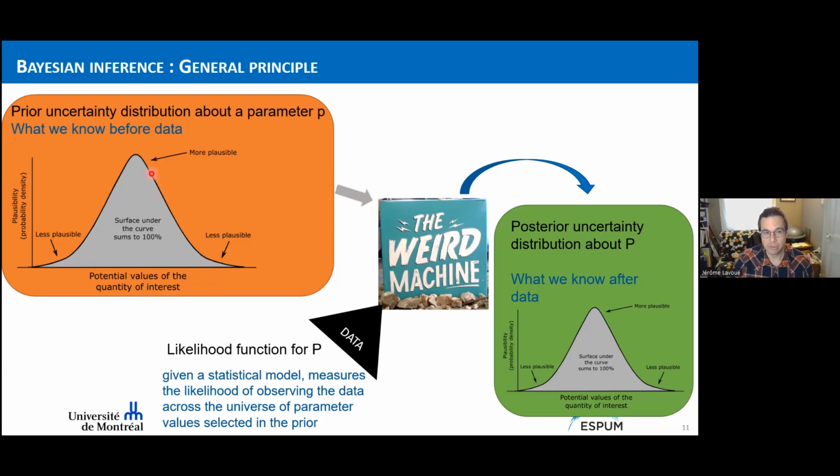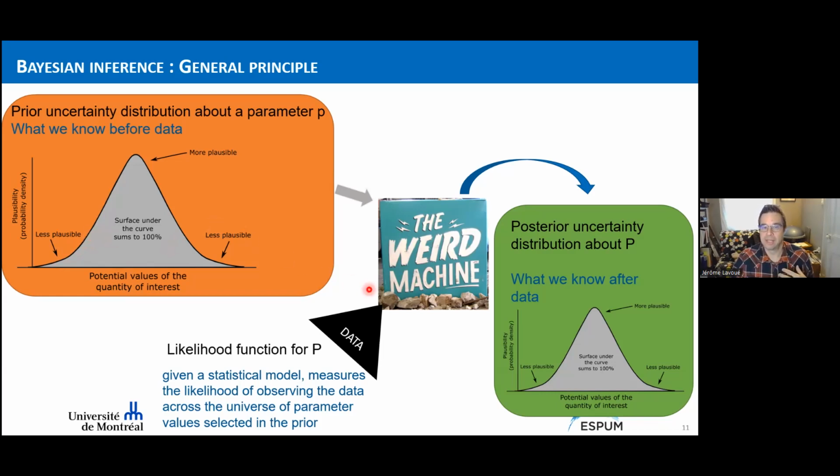All right, so you can see that we're going to have similar information in the shape for the prior. We have something that scans the range of potential values and gives them a likelihood, but according to my own prior opinion. And you're going to have something quite similar, also scanning the ensemble of values, but this time the likelihood is not decided by myself, it's calculated using the data.